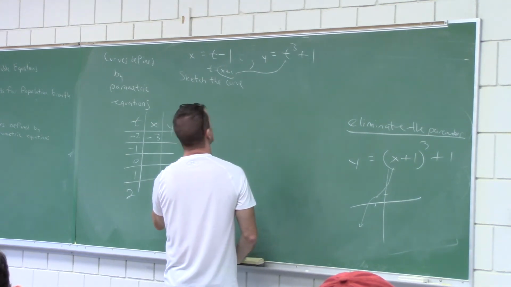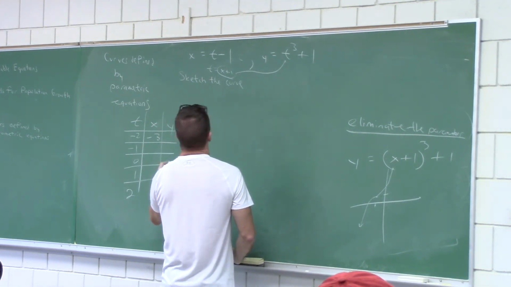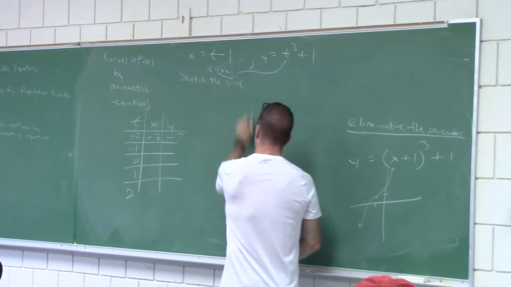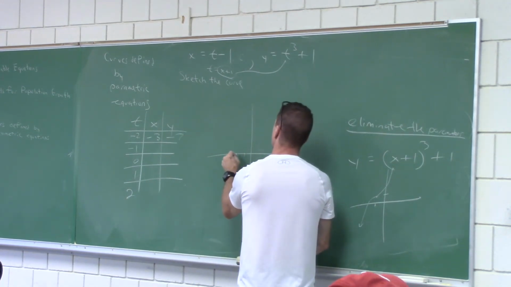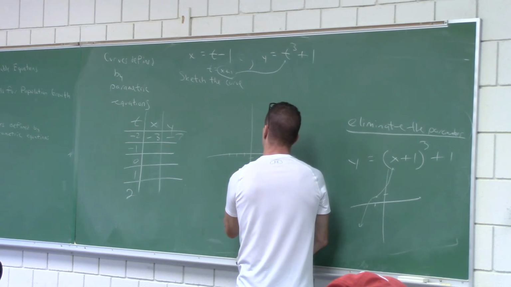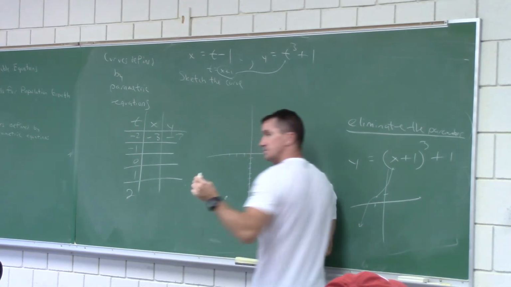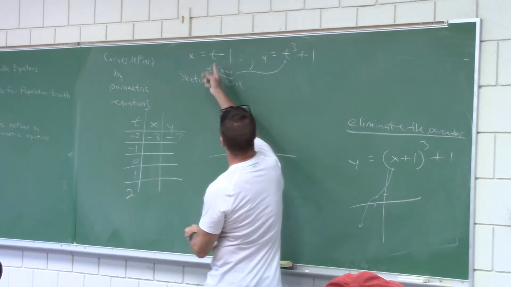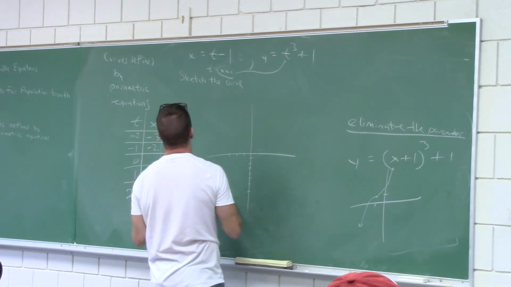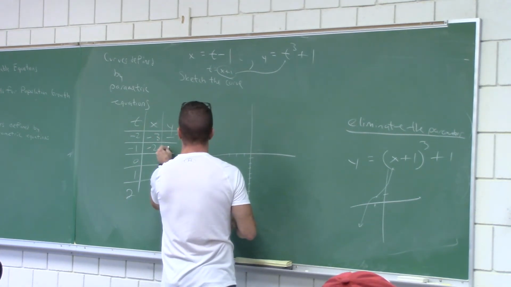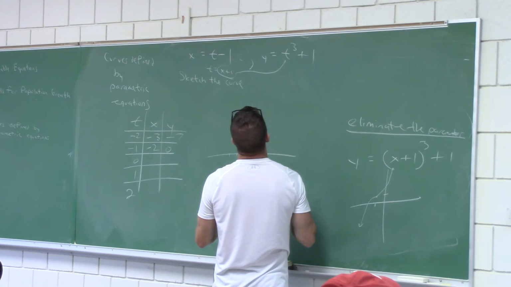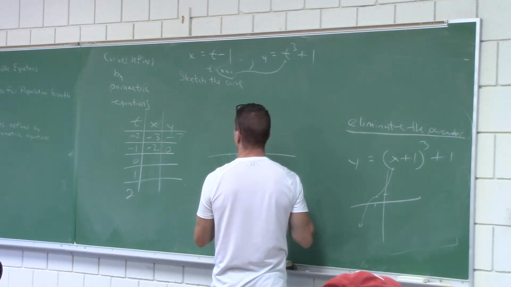What's -2 cubed? -8. What's -8 plus 1? -7. Okay, so it's -3, -7. What's -1 minus 1? That's 0, huh? Yes. So that's here.